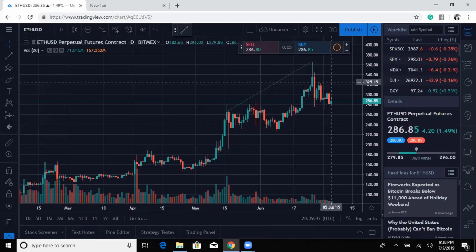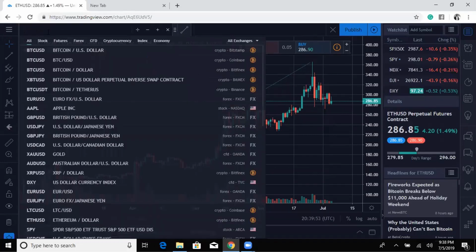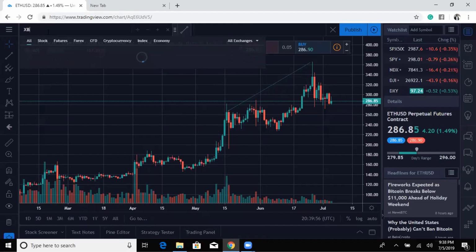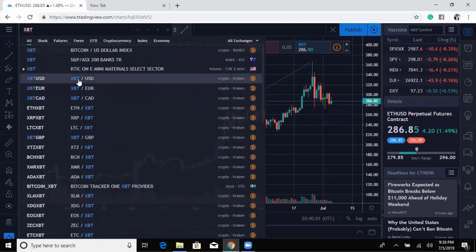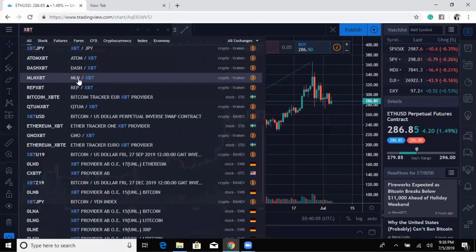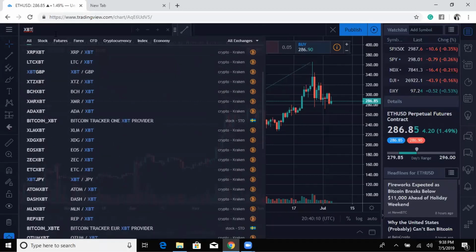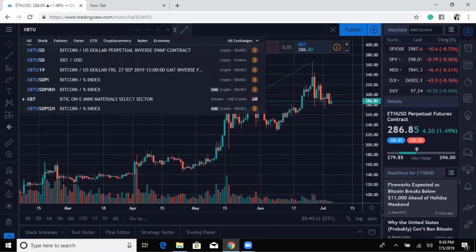From here, it's selected by default because I already selected it before. So this is Ethereum. If you want to select Bitcoin, just select XBT and you search for BTC on perpetual contract. Let me just select that XBT USD.